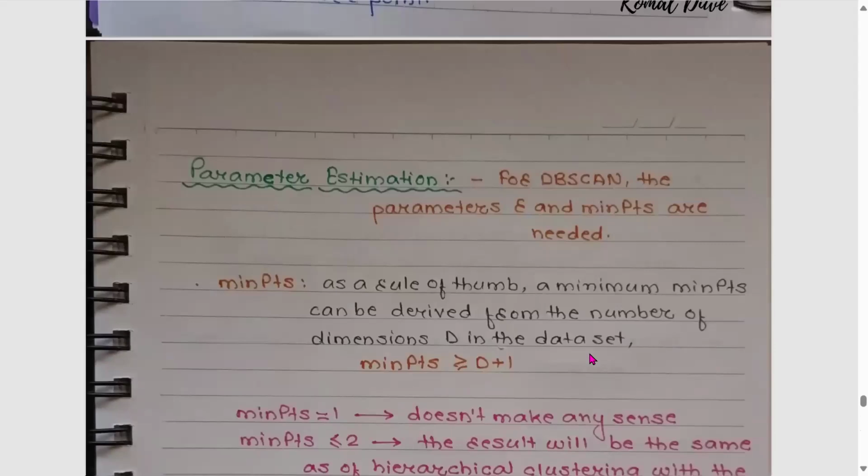And parameter estimation. For DBSCAN, the parameters epsilon and minimum points are needed.